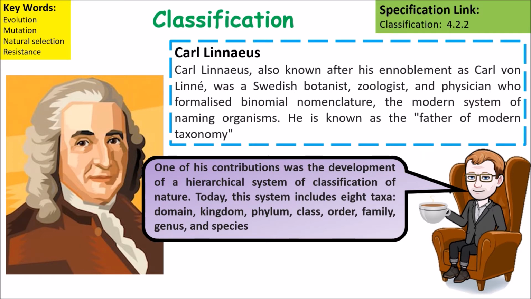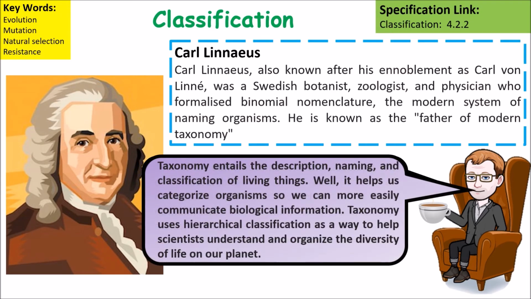So the system includes 8 taxa, so it goes domain, kingdom, phylum, class, order, family, genus, species. So taxonomy entails the description, naming and classification of living things. It helps us categorize organisms so that we can more easily communicate biological information about them.